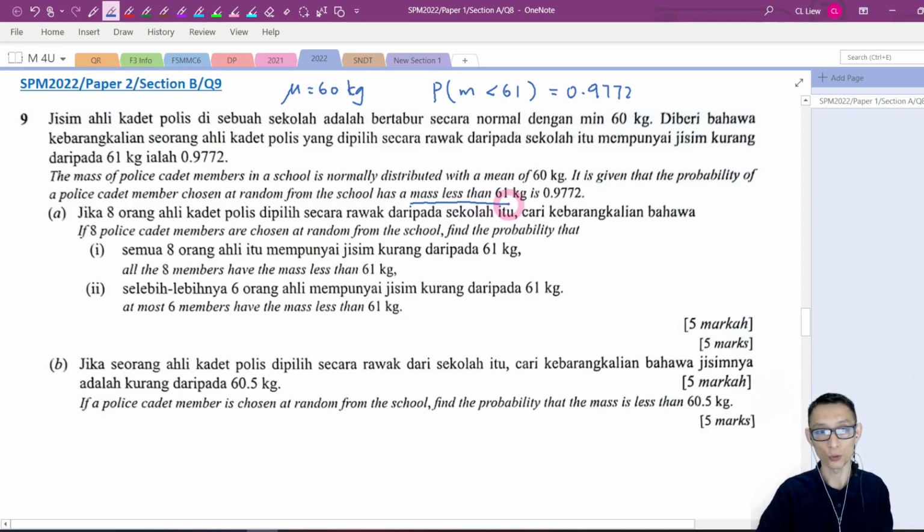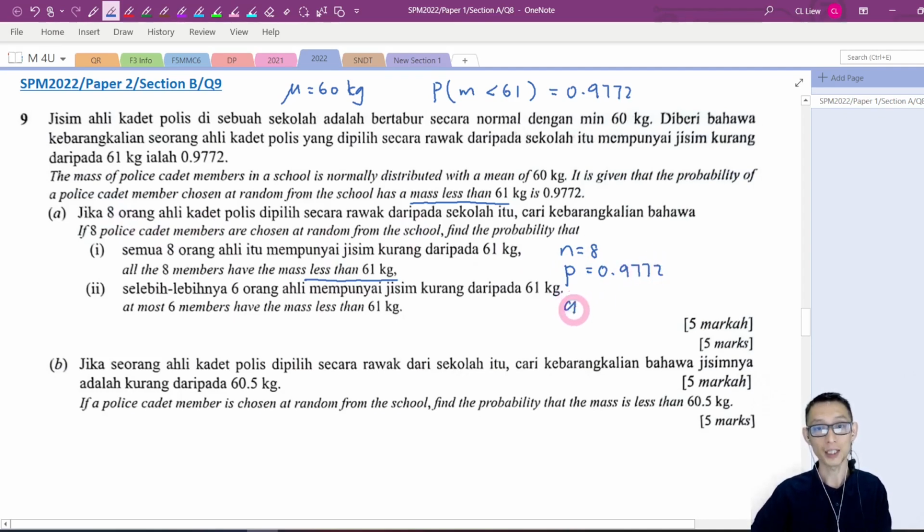Do you notice that these two are exactly the same? Less than 61 kg. So from here, we know that the probability of getting a police cadet whose body mass is less than 61 kg is this. So this is actually P. N is equal to 8 given by the question.